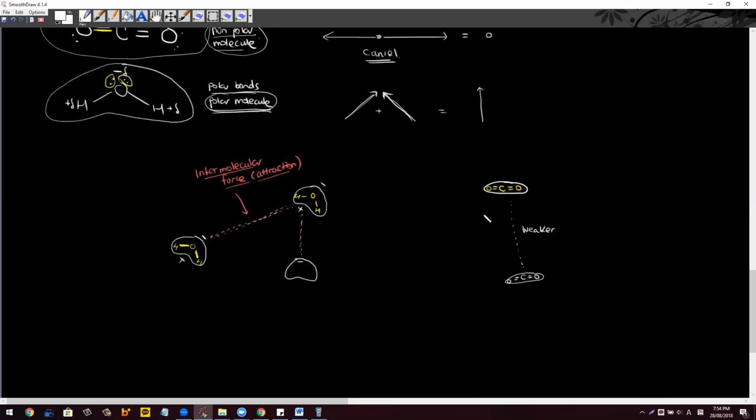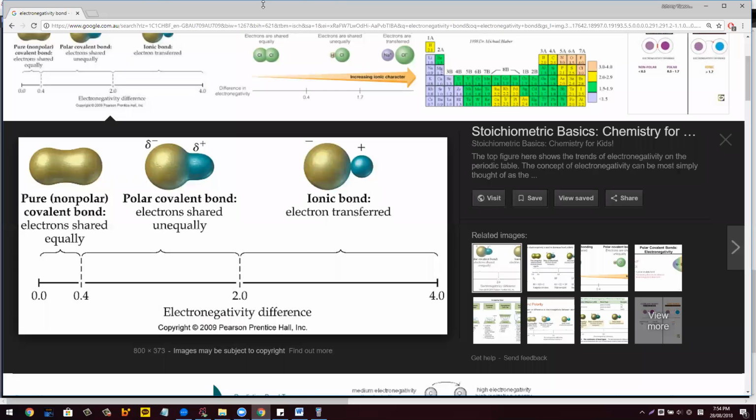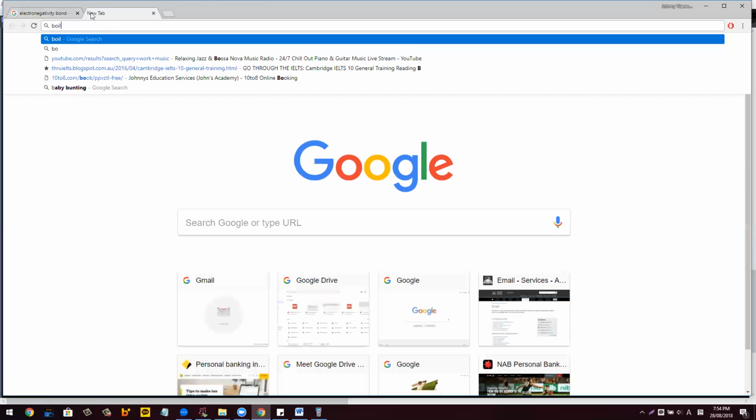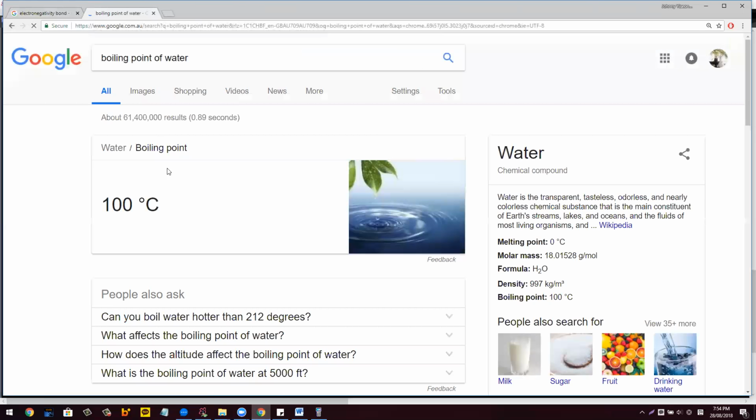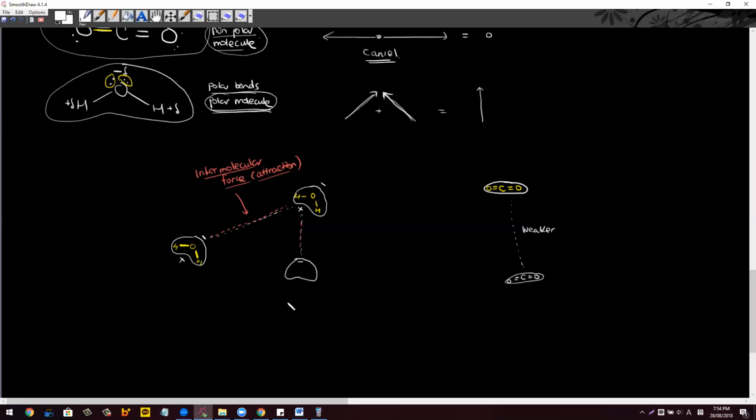So if we Google the boiling point of water, it is 100. So we know that water boils at 100 degrees Celsius. That means you have to heat it up to this point so you can break this bond. If you break this bond completely, then they become vapor, they become gas, right?